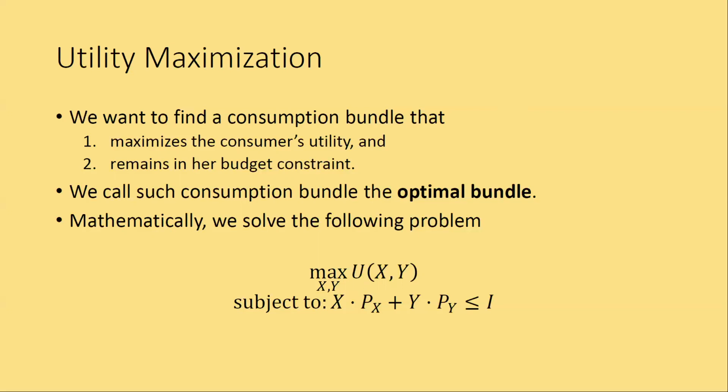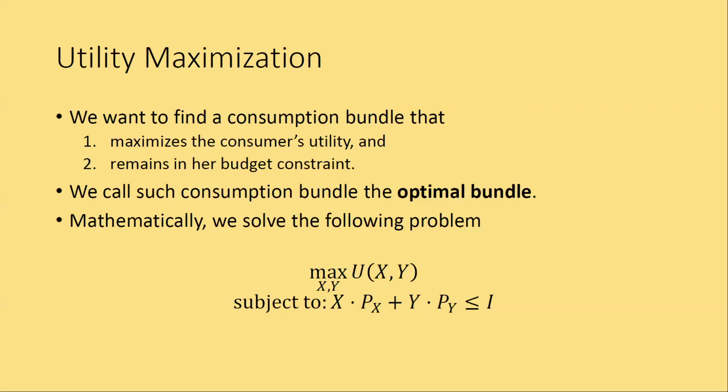However, without a constraint and under the assumption that more is better, consumers would want to choose infinitely many of each of the goods that they can possibly consume. So they have to be constrained by something, and in our case, the budget constraint imposes what is necessary for this question to make sense.